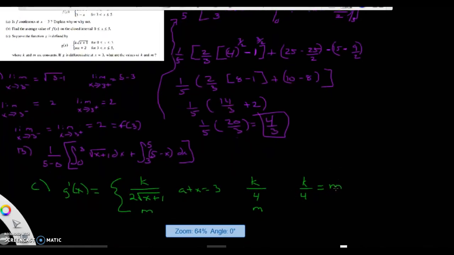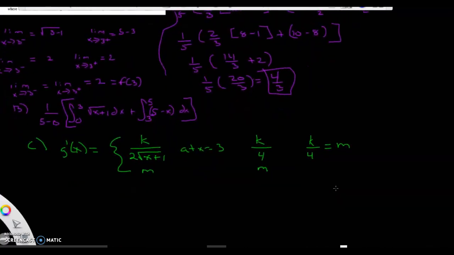Okay, so now we're going to have to do some substitution and solve. We already established that k over 4 equals m, so we know k equals 4m. So now I could say 8m equals 3m plus 2.